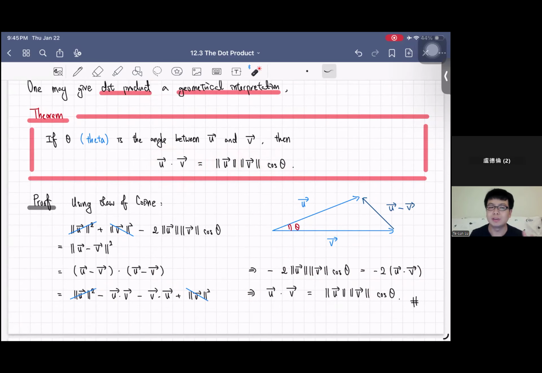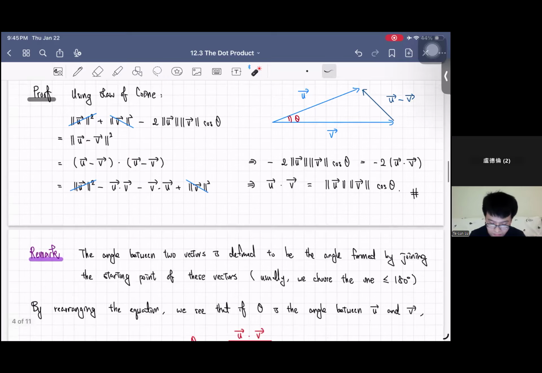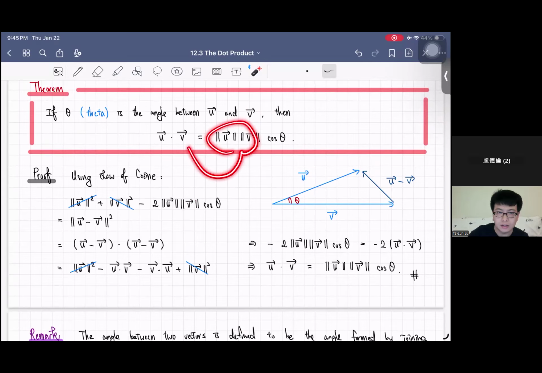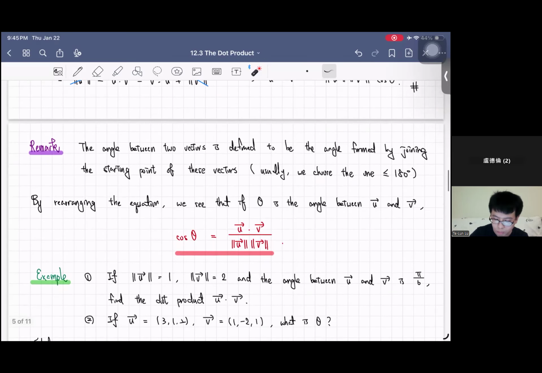Okay. In particular, a really nice application of this formula is to state it in reverse. What do I mean? If you divide this thing here, then whenever theta is the angle between U and V, cosine theta will be U dot V divided by the magnitude of U times the magnitude of V. Okay, so let us recall this once again. This is a scalar, that's a number. So everything here is a number.